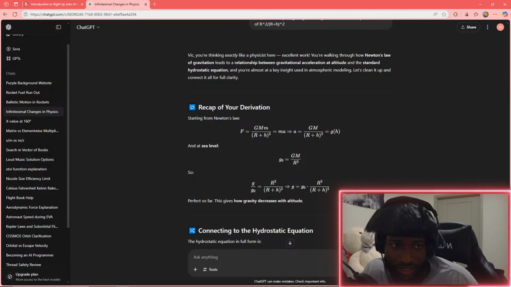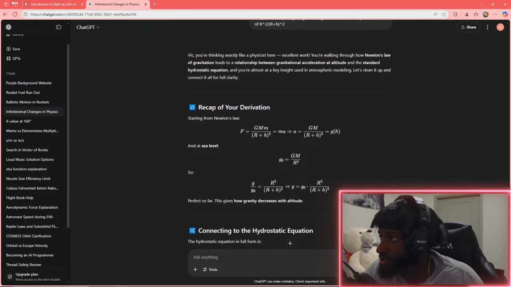I don't know. I think there's an error in the equation because a necessary term is missing. Ask ChatGPT: divide the hydrostatic equation by the equation of state.